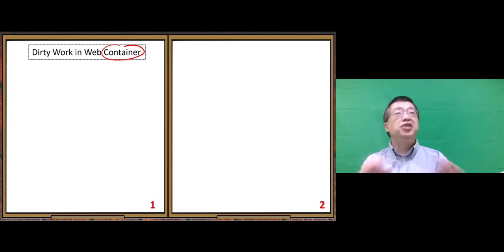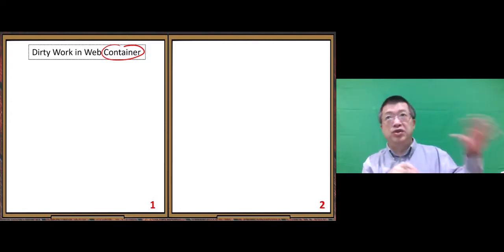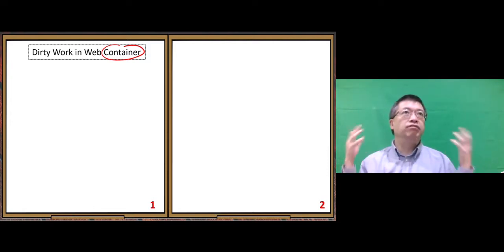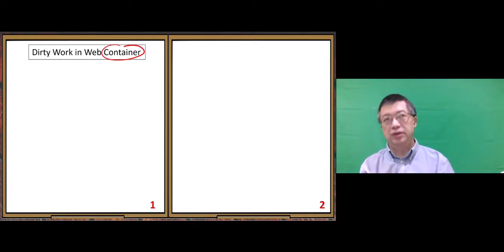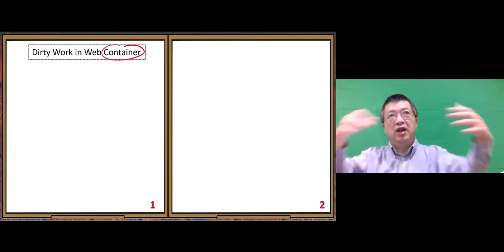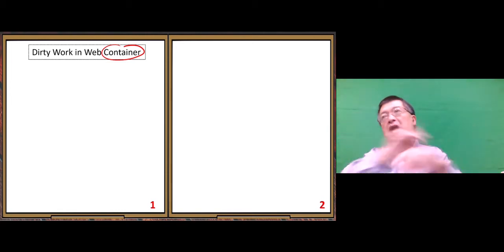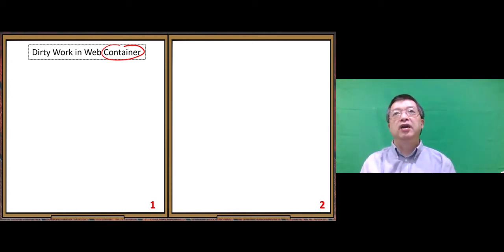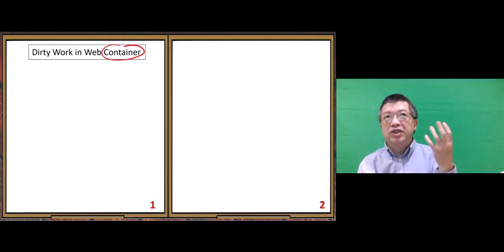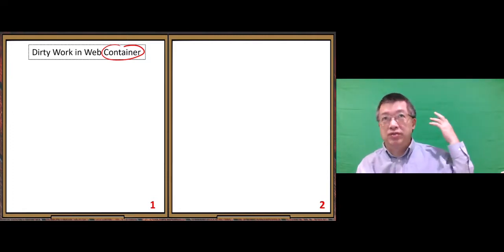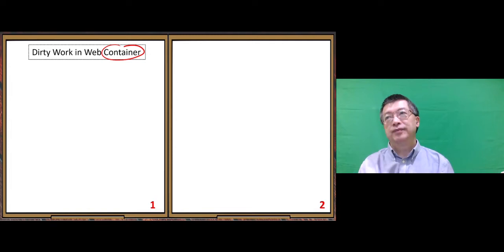But in general, we don't want to separate which container, so we just call it web container, because it's a general container containing all those general web technologies. Here, sometimes we use server, sometimes we use web container. Pretty much the same thing.